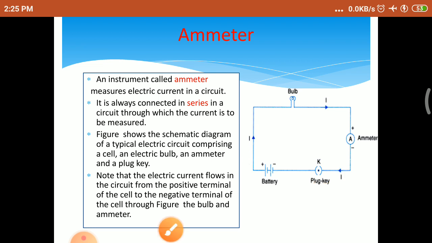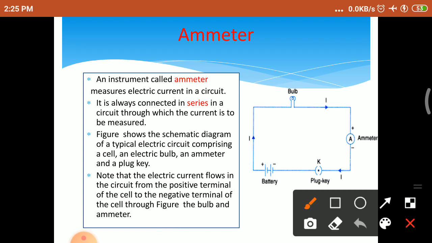The figure shows the schematic diagram of a typical electric circuit comprising a cell, electric bulb, ammeter and a plug key. So this schematic diagram consists of a battery, bulb, ammeter and plug key. Note that electric current flows in the circuit from the positive terminal of the cell to the negative terminal of the cell through the bulb and ammeter.